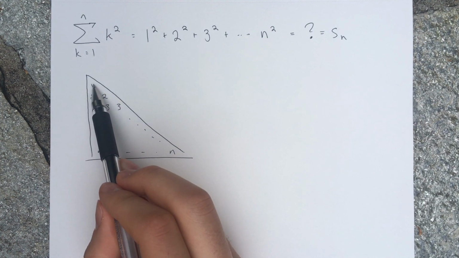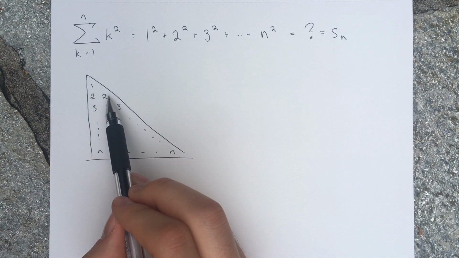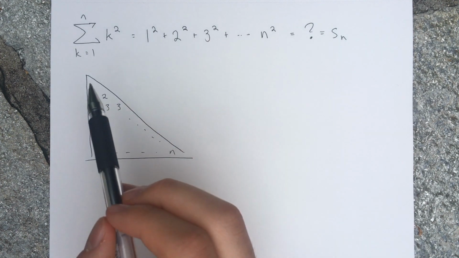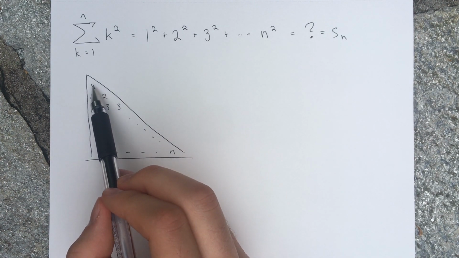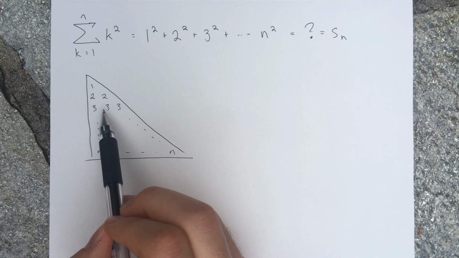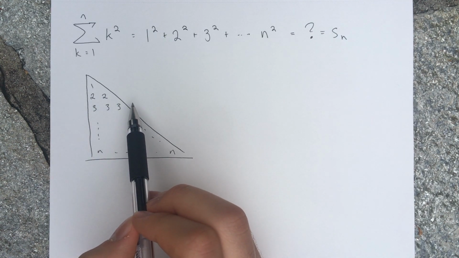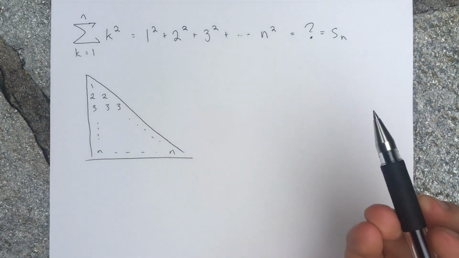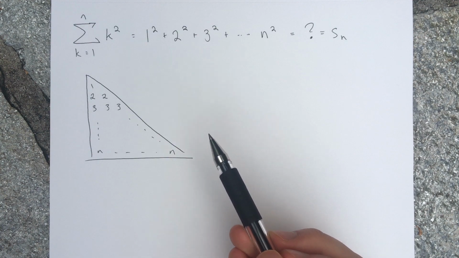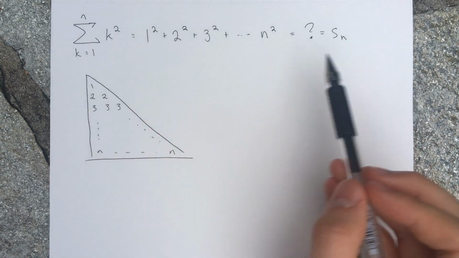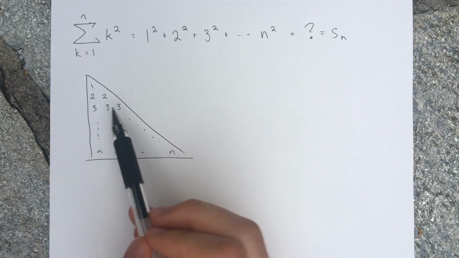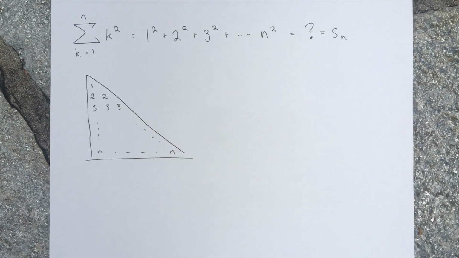That'll be 1 plus 2 plus 2 plus 3 plus 3 plus 3, and so on. And that's going to be 1 plus 2 times 2 plus 3 times 3. So in other words, the sum of all these values is going to be the exact sum that we're looking for. 1 squared plus 2 squared plus 3 squared, and so on.